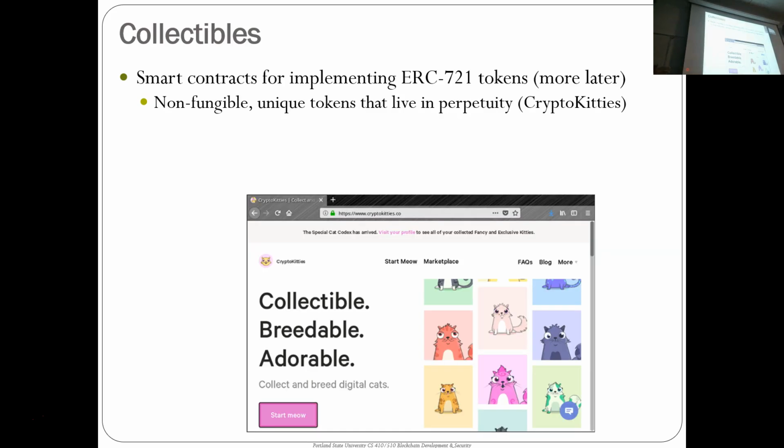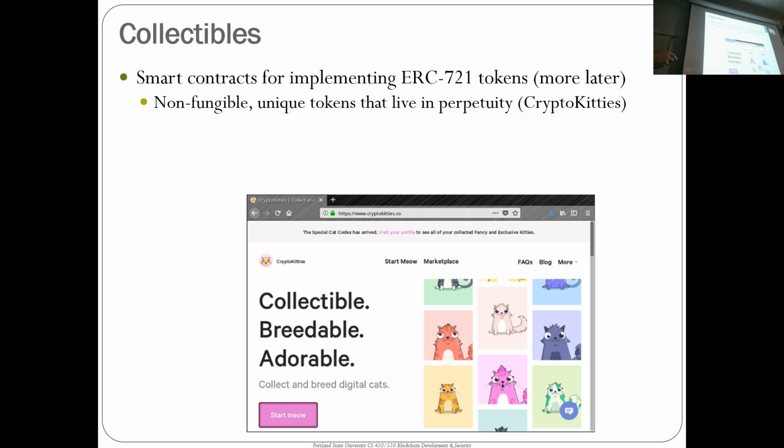Okay, another popular class of contracts is collectibles. These are smart contracts for implementing a different style of tokens. These are non-fungible tokens, meaning that you can't create multiple ones. They're unique. ERC is just a standard for implementing digital assets on Ethereum.